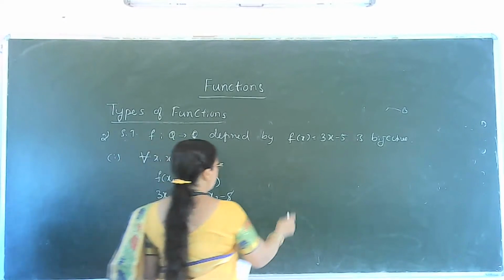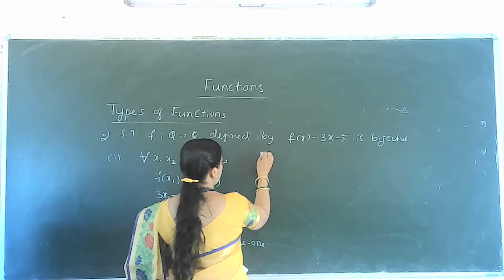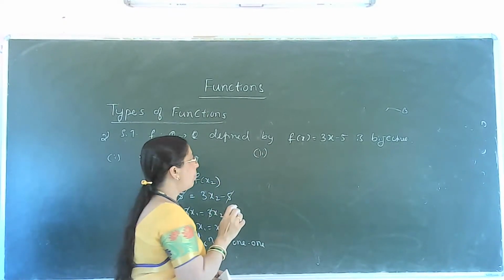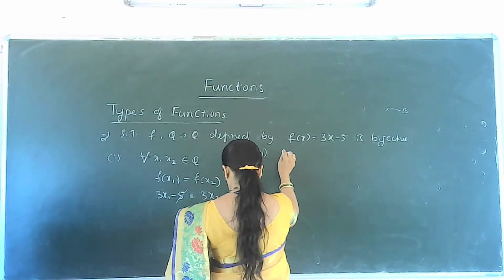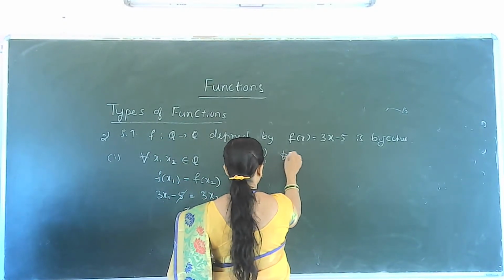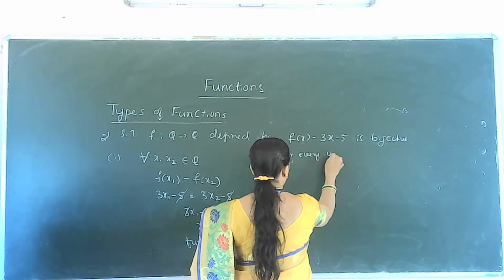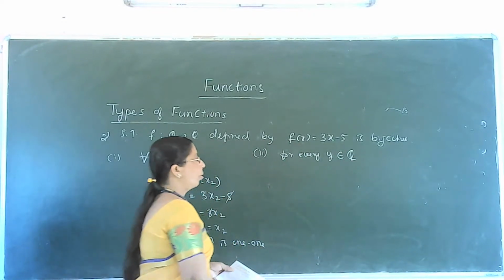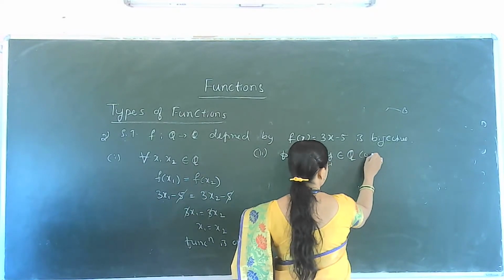Then we want to find onto. Here we select any element in Y, the codomain. Every y belongs to Q, the codomain.